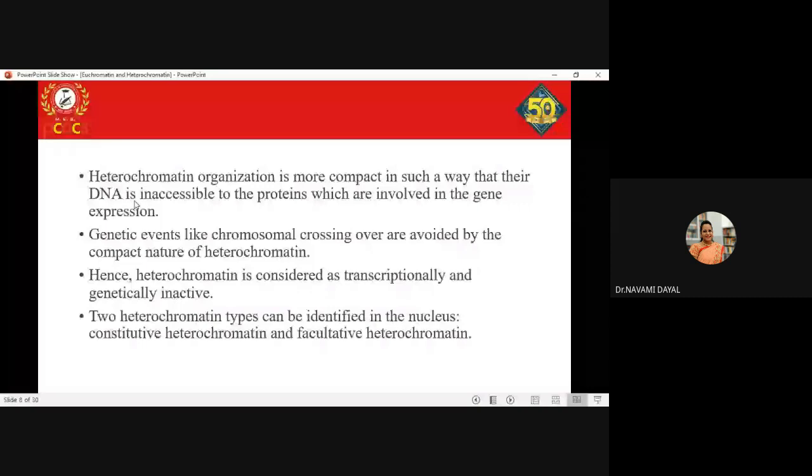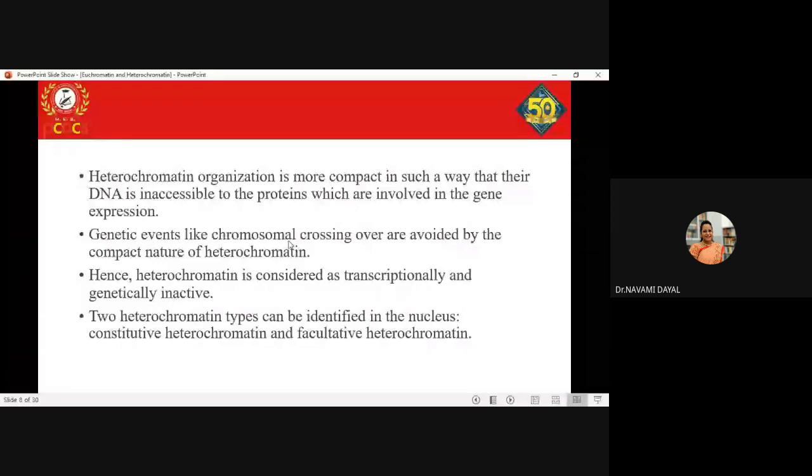Heterochromatin organization is more compact in such a way that the DNA in that particular region is inaccessible to the proteins or any kind of regulatory elements or transcription factors involved in gene expression. Since that region is inaccessible, no transcription factors would be able to bind to that region, and therefore it becomes inactive.